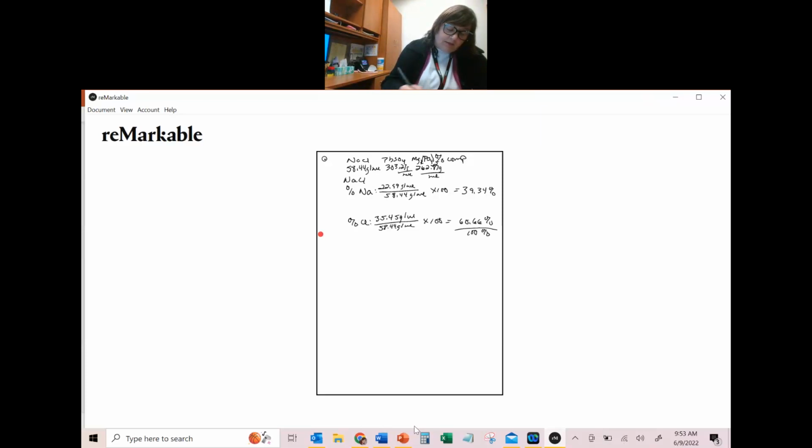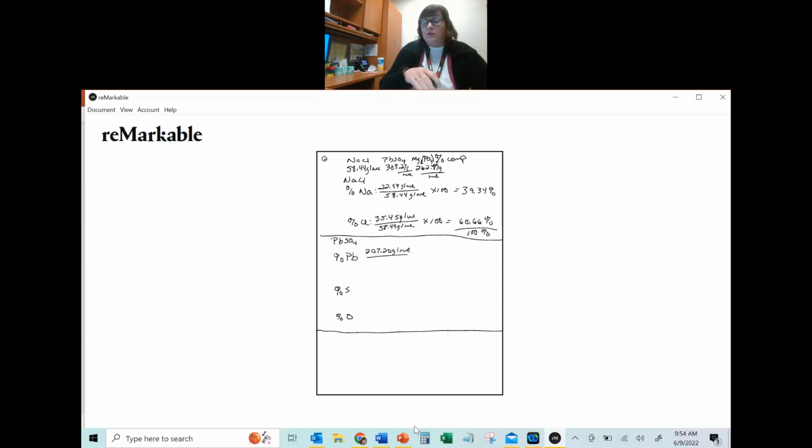So we'll draw ourselves a line, and we'll talk about PbSO4. Again, we're going to have a percent for Pb, a percent for S, and a percent for O. My Pb is going to be the 207.20 grams per mole, and I know that number is what is on my periodic table.